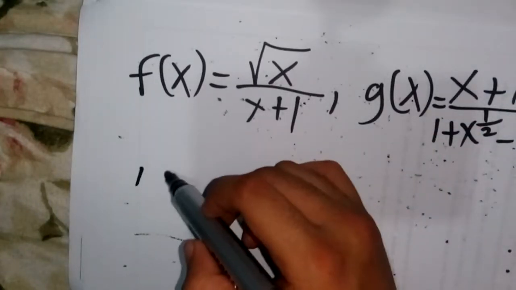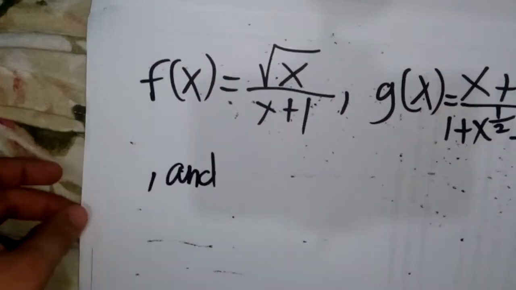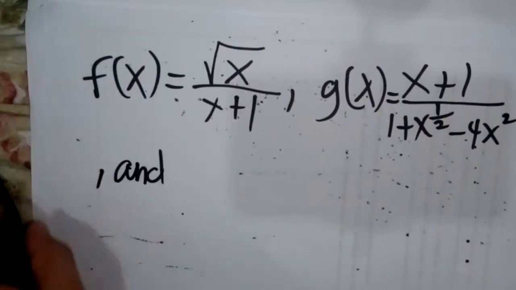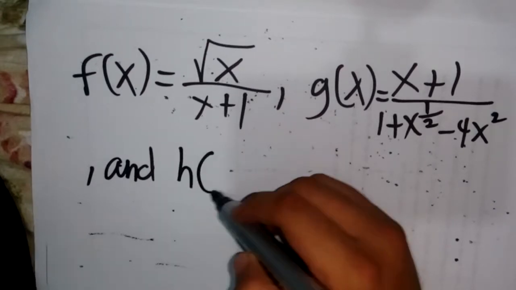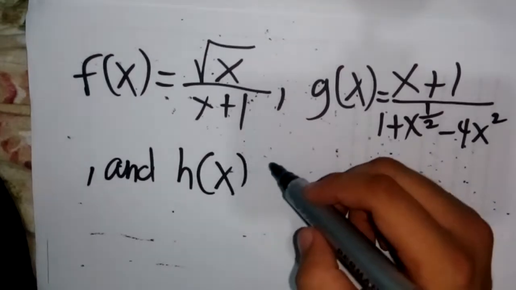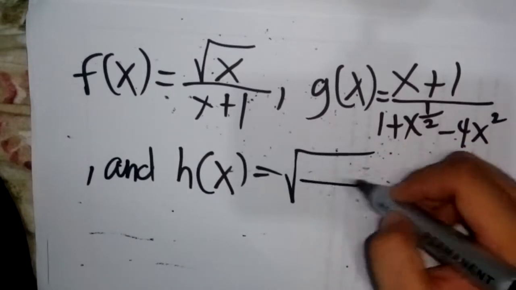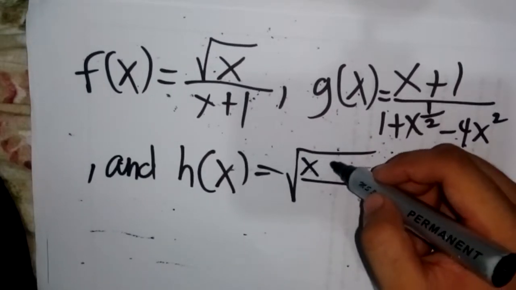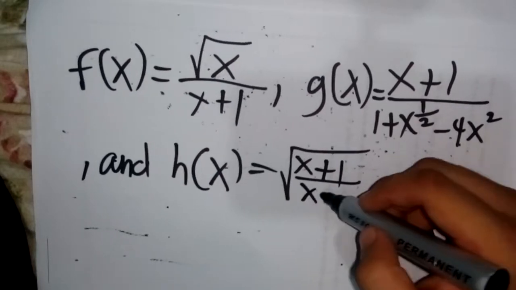And lastly, h of x equals square root of x plus 1 over x minus 2.